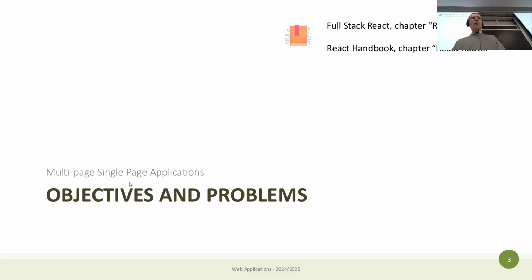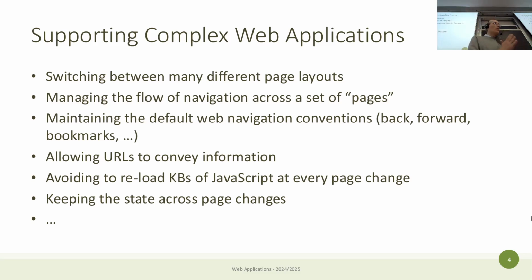So first of all, why do we need the router? When you have a complex web application, and by complex I mean something that has many views, like the normal applications we interact with, typically you have different views, like the login view, then there's the main page, and there's a detailed view, or the edit page, the add page, and so on.